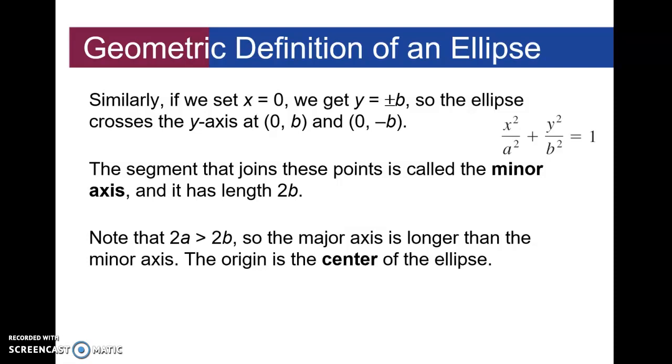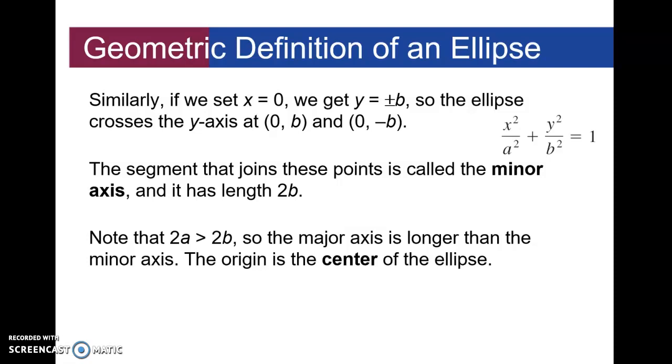So if we are no longer on a wide ellipse, but rather move to a tall ellipse, that a squared and b squared are going to flip-flop, because the bigger value is going to be used to find the major axis. So when you've got a wide ellipse, your bigger distance, the major axis, is from (-a, 0) to (a, 0).